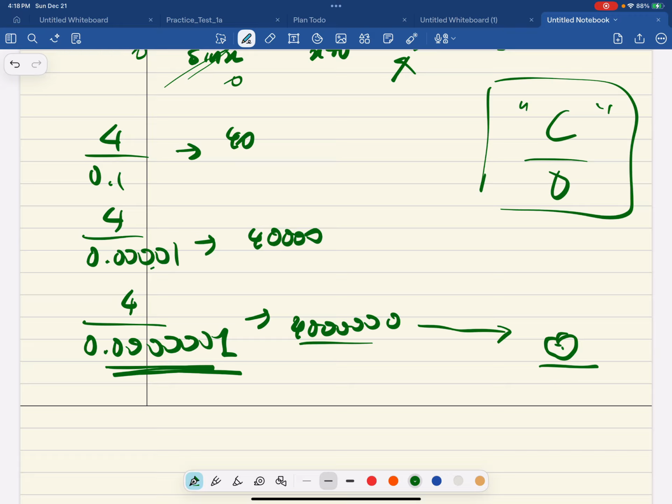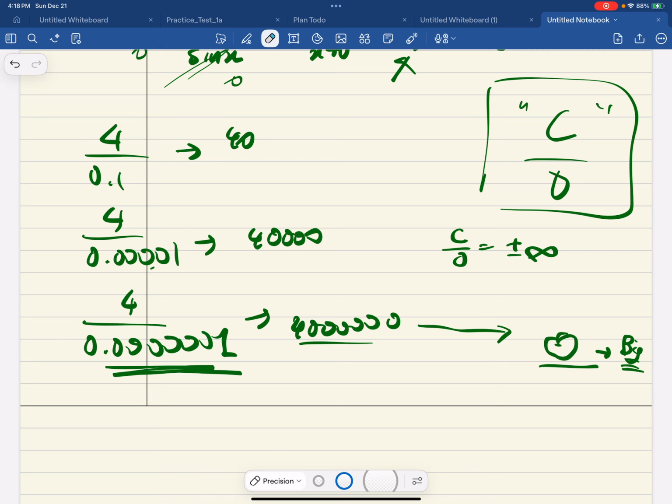If you divide by a very small number, you will get a very, very big number. So c over 0 is going to be plus or minus infinity. And this plus or minus is all you care about.